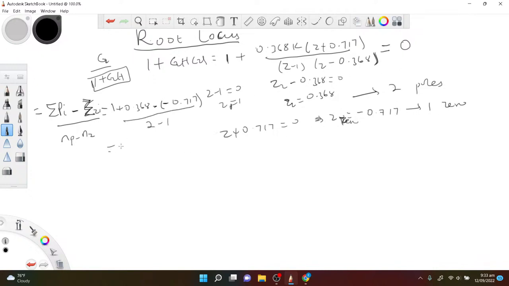Then this will be given as 2.085. You find the centroid, let's say sigma A.